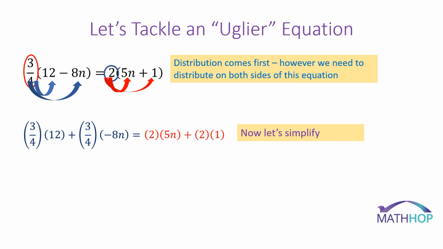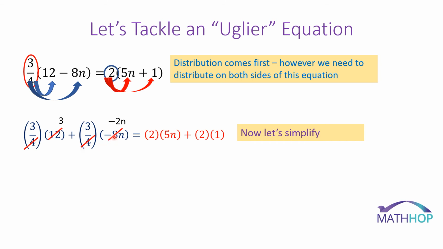Let's simplify. So 3/4 times 12, or 12 over 1. When we do that, 4 goes into 12 3 times. 3/4 times negative 8n. When we do that, 4 goes into negative 8n, negative 2n times. Think about this. 4 divides into 4 once, goes into 8 2 times, right? So the only thing we divided was the 8 and the 4.